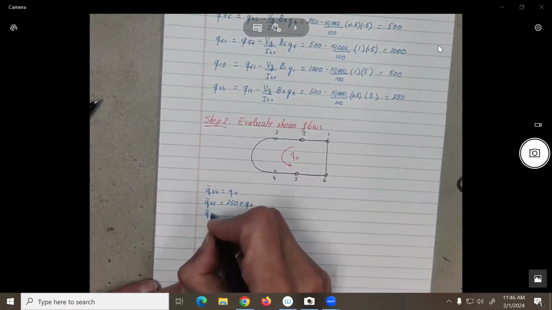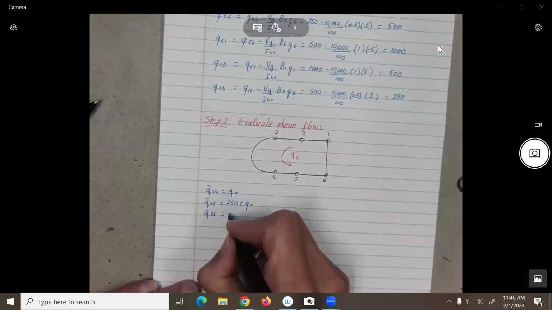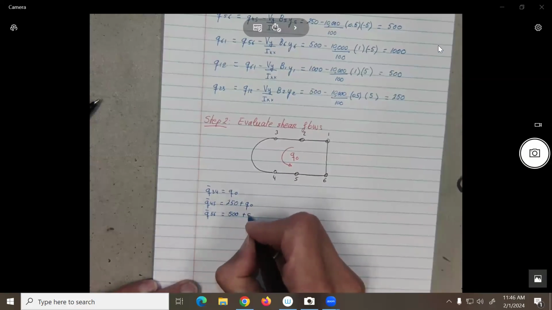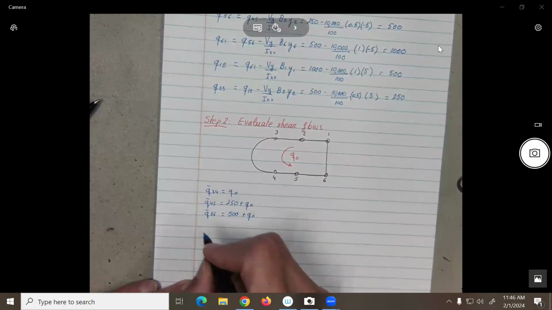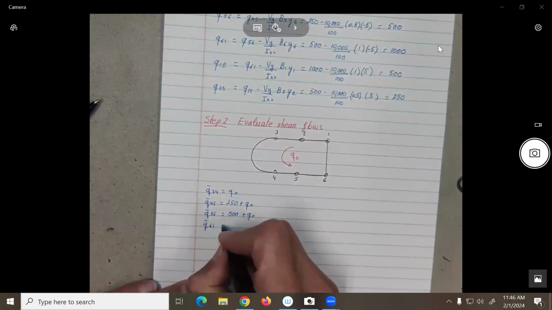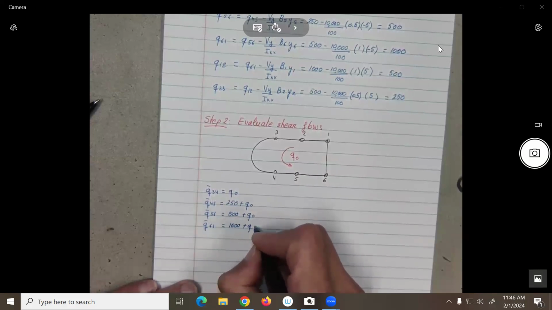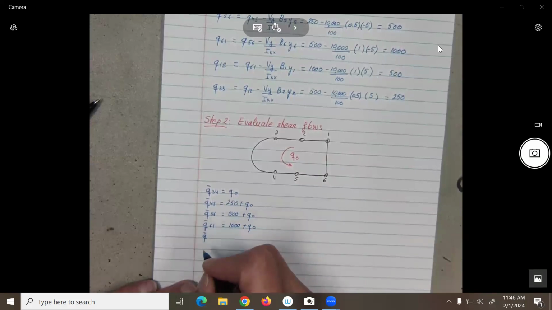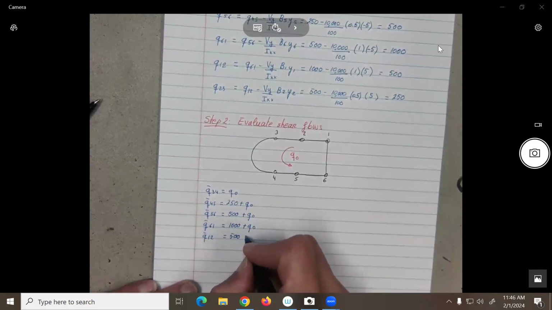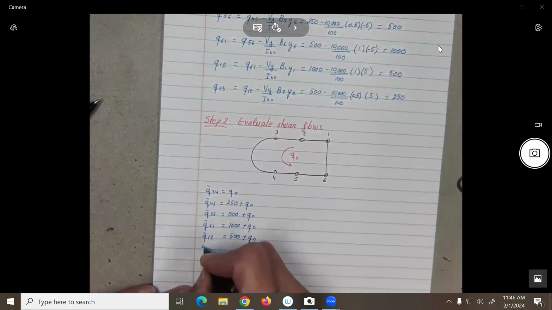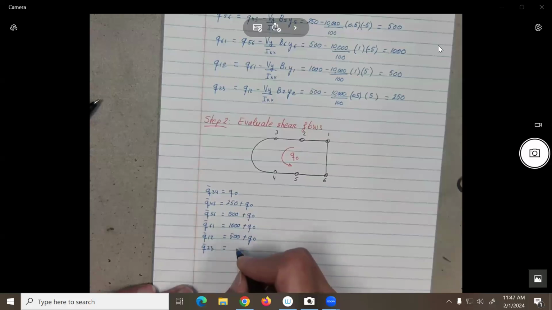Q bar 5, 6 will be equal to what? 500 plus Q sub naught. Q bar 6, 1 will be equal to what? 1000 plus Q sub naught. Q bar 1, 2 will be equal to 500 plus Q sub naught. And Q bar 2, 3 will be equal to 250 plus Q sub naught.